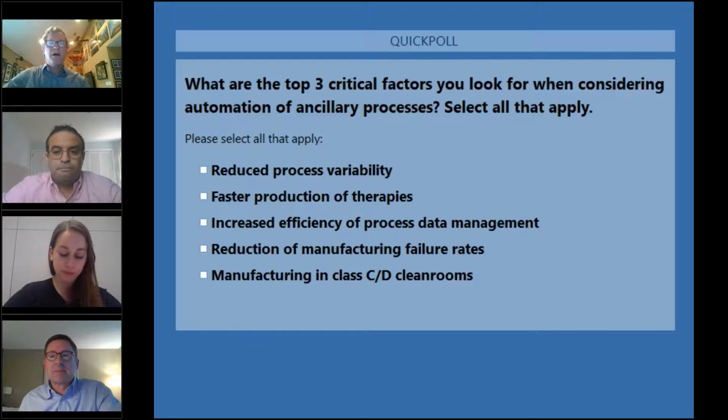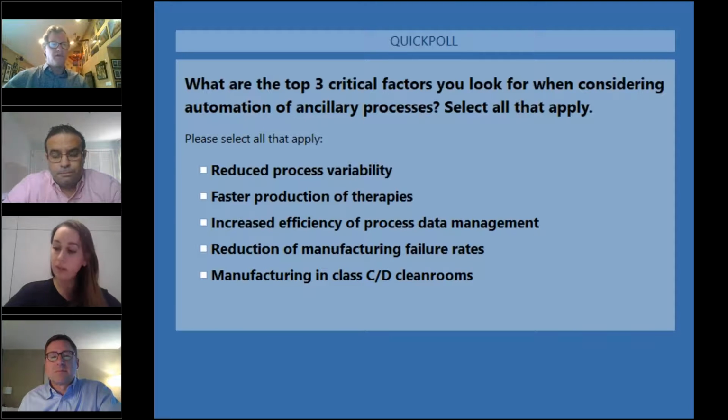So if we're talking about the ancillary processes, I think that's a little bit different than the core process in terms of sampling and data and information. So if we focus on the ancillary processes, typically the kinds of things that the sampling you're doing are for sterility.